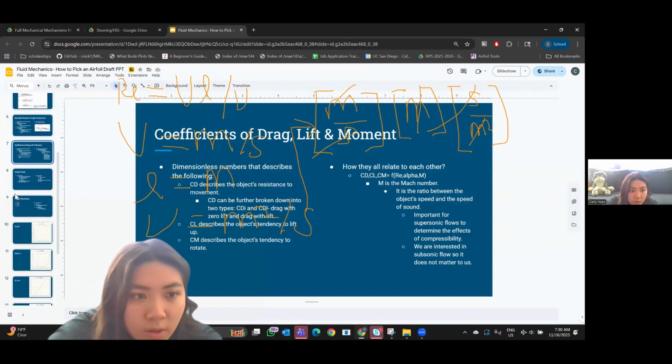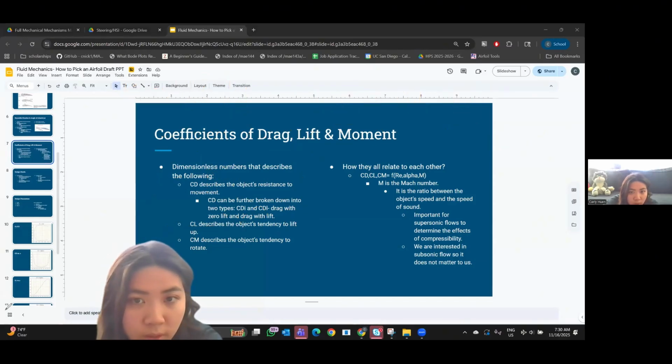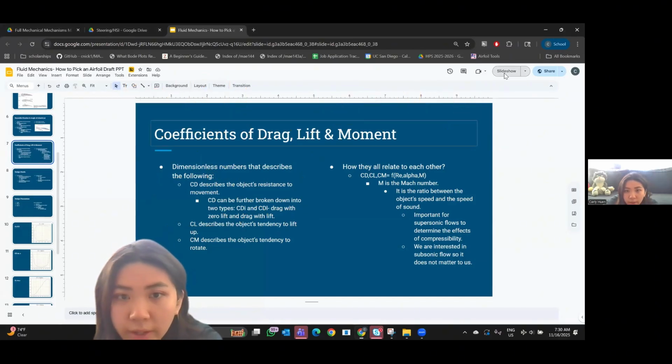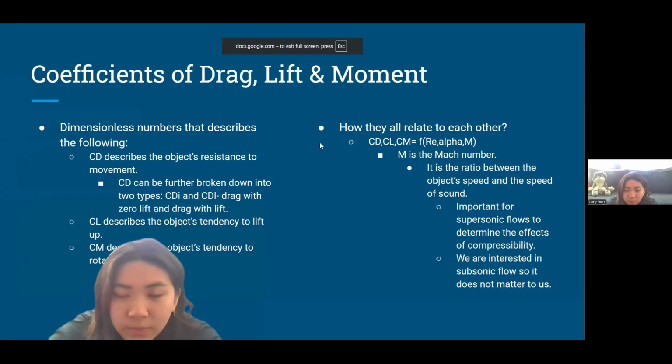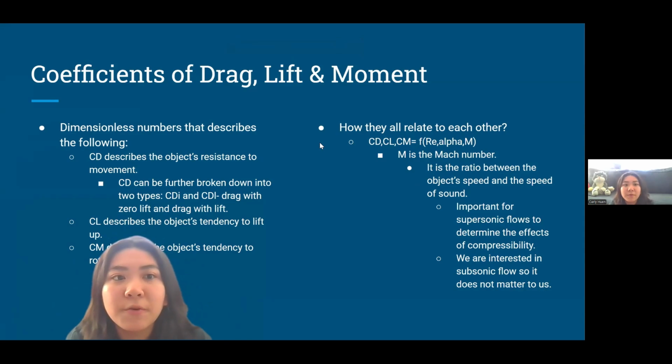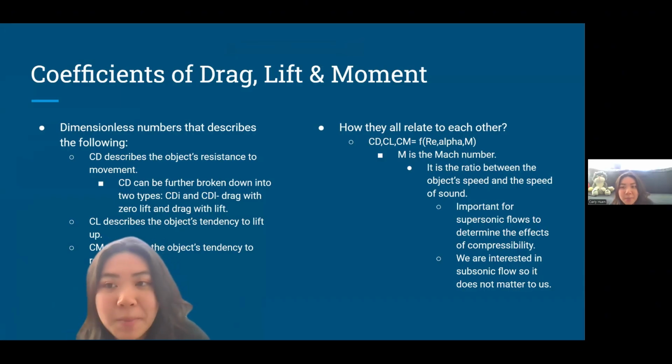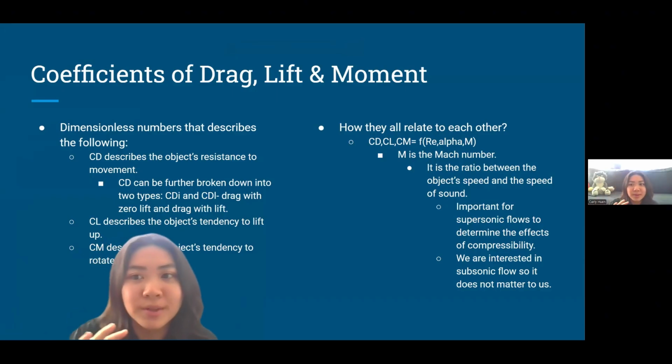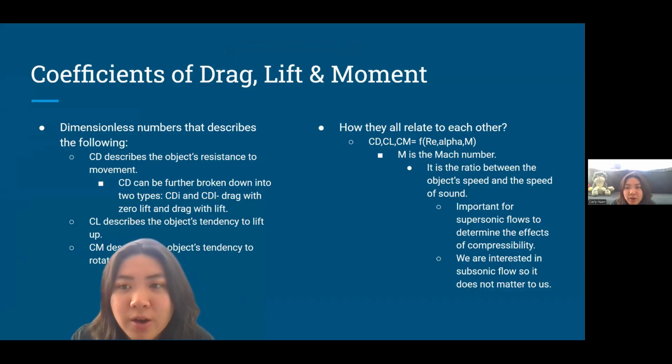Cool. Here. More quantities you need to know. In the same spirit as Reynolds numbers, we have a few coefficients. They describe the things we need, okay? So your coefficient of drag describes your drag force.